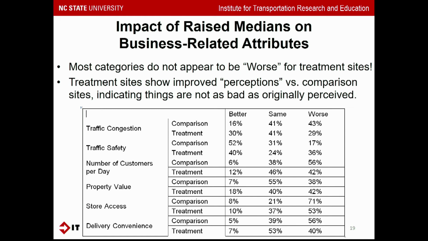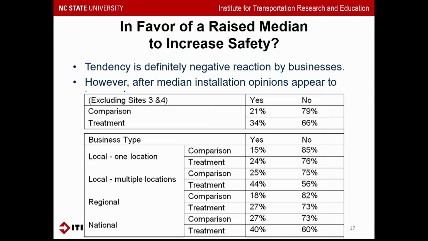Now, one thing I want to acknowledge really quickly, you might have noticed we excluded what we call sites 3 and 4. This is actually a site, Tony probably remembers this from years ago. This was a site, I believe, in the Charlotte area where they came in and almost overnight they slapped a skinny concrete median down on a fairly high-speed U.S. highway, and brought it into a signal.